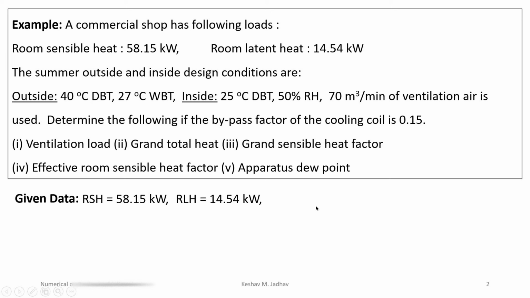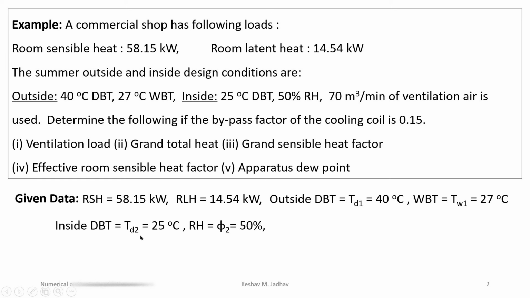So we can write TD1 is equal to 40 degrees Celsius, which is outside dry bulb temperature, and outside wet bulb temperature it is TW1 27 degrees Celsius, and inside room condition can be indicated with suffix 2. So 25 degrees Celsius dry bulb temperature, which is TD2, and 50% relative humidity means phi2, it is 50%.